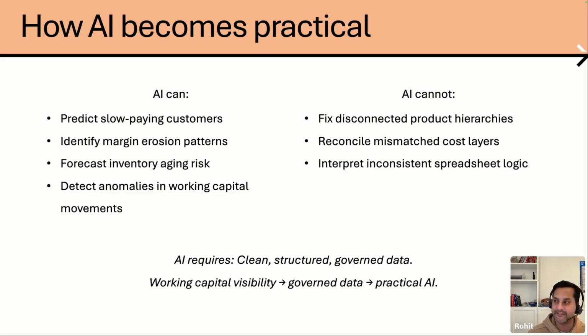It can identify margin erosion patterns. So I've got a stock with high margin and suddenly I start selling more of that because I have discounted it, or for whatever reason I've signed a contract which requires me to sell it at a considerably low margin, and so on and so forth. So thinking about those revenue terms, because margin is what I make.